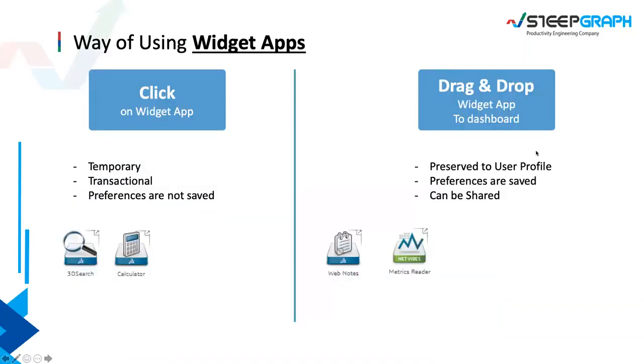So there are ways of using the widget apps, and now we are talking only about the widgets. There are two ways. You click on the widget itself, so double click, then it opens in the temporary mode. So you have the temporary view. It is just transactional for that session, and when you close it, it doesn't save any data. So preferences are not saved.